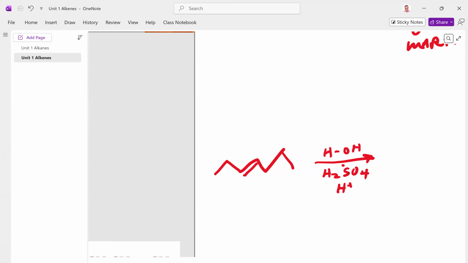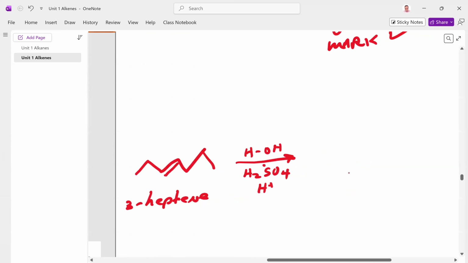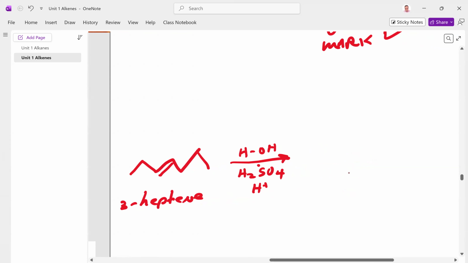Notice it requires an acid. Now, sometimes the acid is just H plus, or they'll say H2SO4, sulfuric acid. It depends where you're getting the reaction from. They're equivalent though. Doesn't matter which one you use. Okay, so we're starting with this, which is a 1, 2, 3, 4, 5, 6, 7, so it's a heptene on carbon number 3. And we're going to end up with the same backbone now.